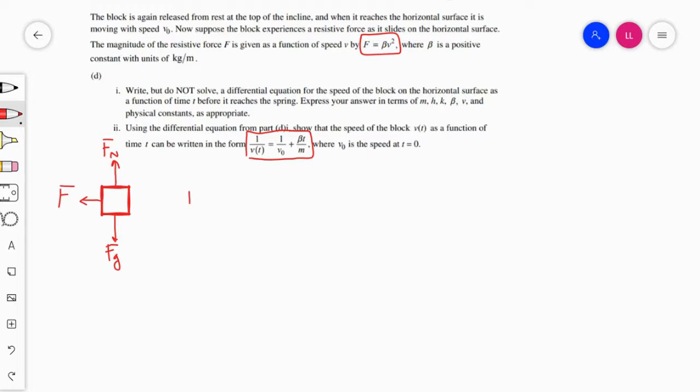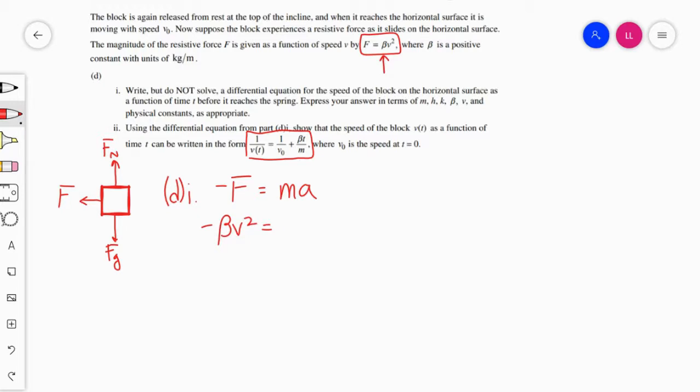So part D, part I, we're going to sum the forces: negative F equals ma, because that's the only force exerted in the horizontal direction, but they tell us that F has a value of beta v squared.